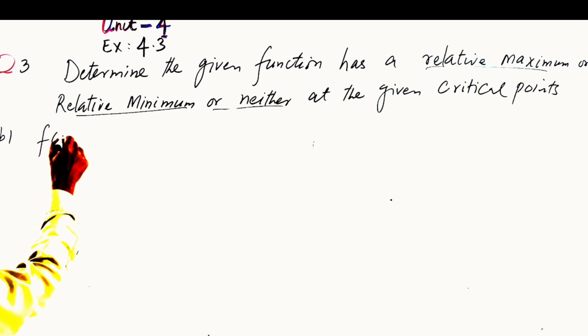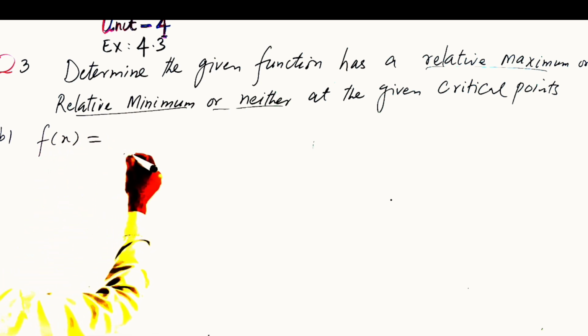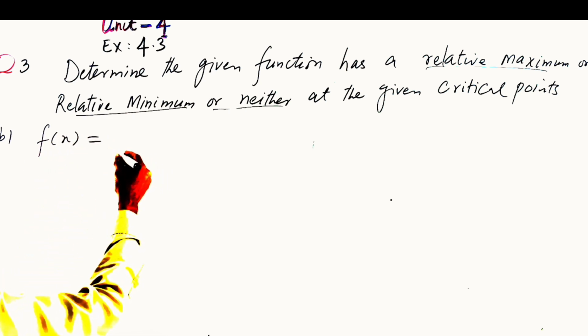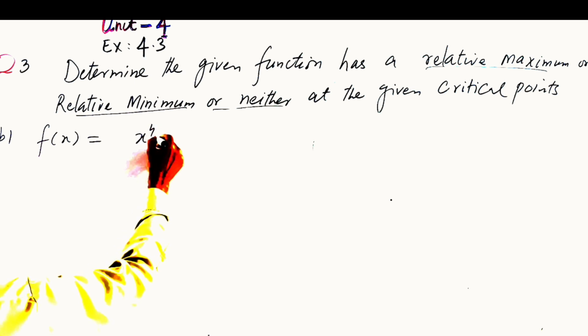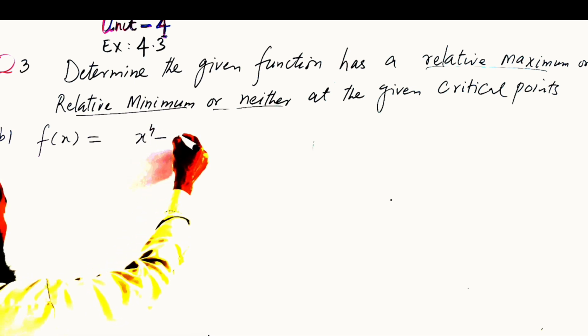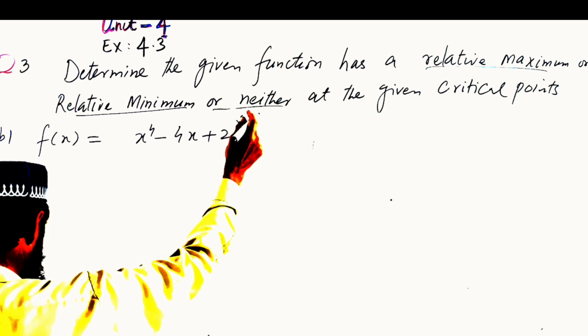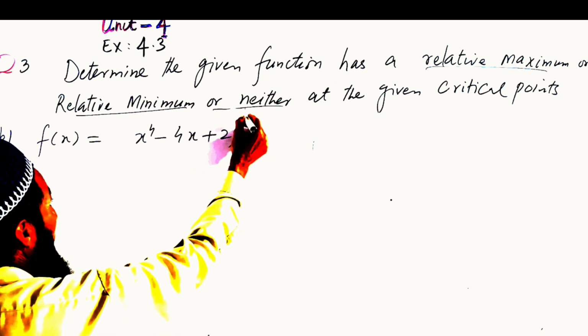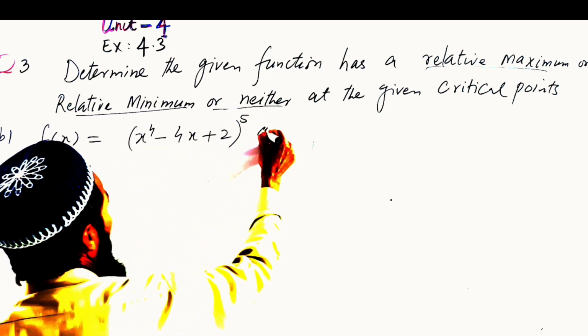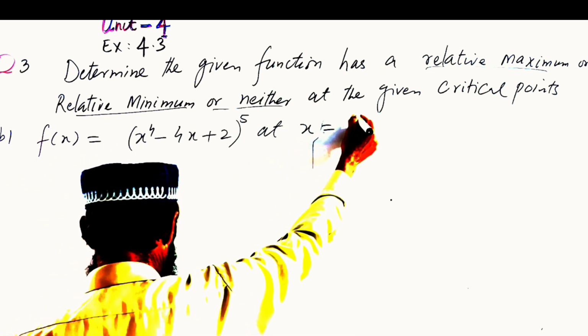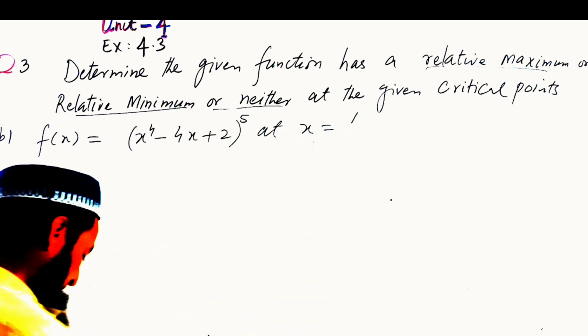F of x is equal to (x power 4 minus 4x plus 2) whole power 5 at x is equal to 1.